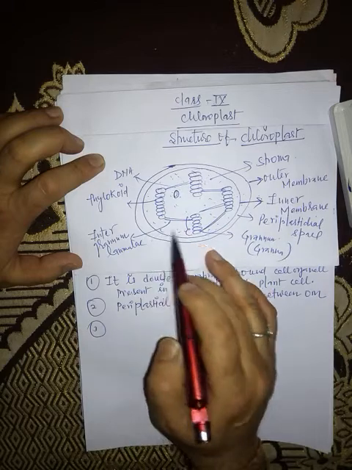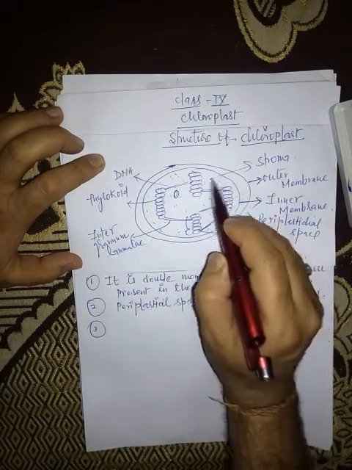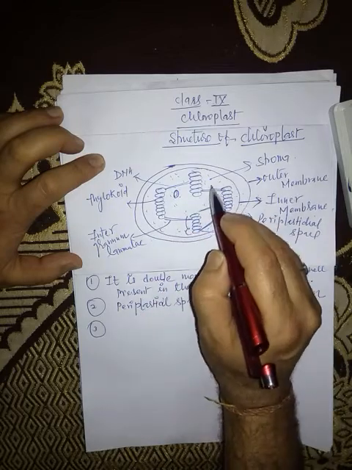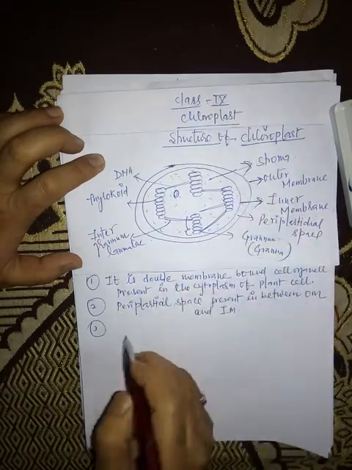Third point. A jelly-like substance present inside of the inner membrane. This substance is called stroma.